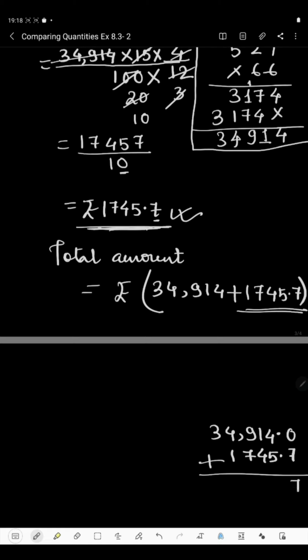Now 7 plus 0 is 7, 5 plus 4 is 9, 4 plus 1 is 5, 9 plus 7 is 16, 1 carry, 4 plus 1 is 5, 5 plus 1 is 6, and 3. So it is rupees 36,659 rupees 70 paise.